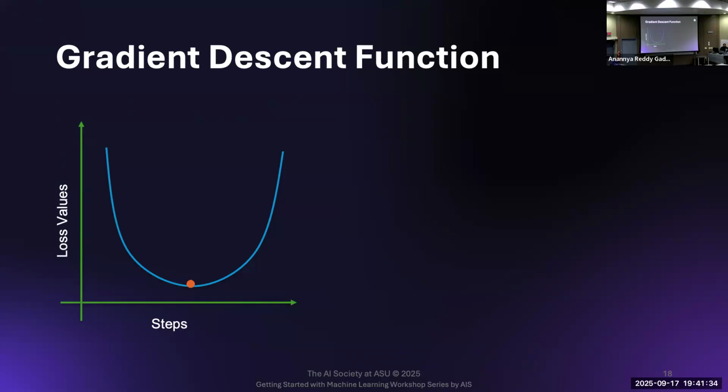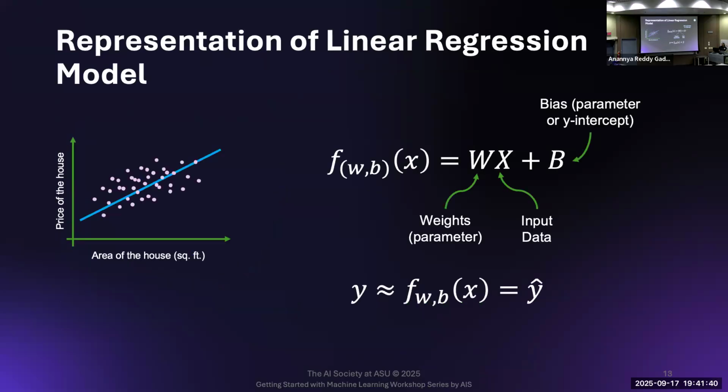If we go back to that, let's say this is the data distribution that you're seeing over here. For one sample, the value of the price of the house is here. But a house that has the same area can have a different price.